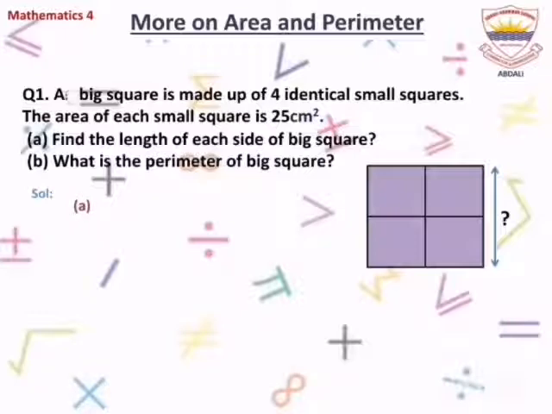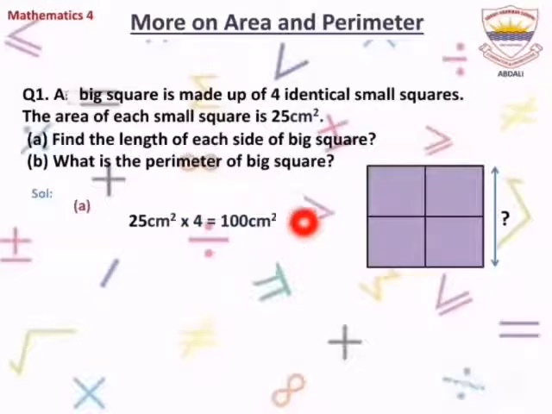Let's solve part A. The area of each small square is 25 centimeters square, and there are 4 identical small squares. Now find out the area of the big square.